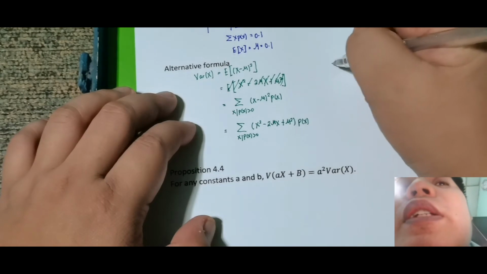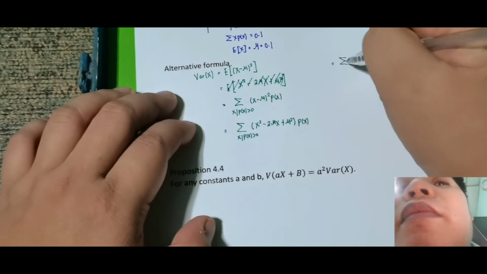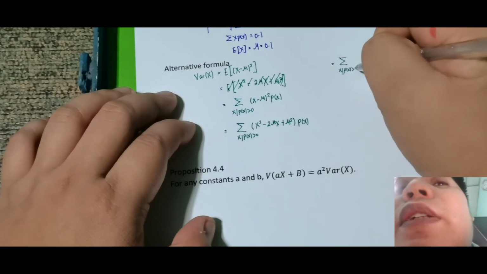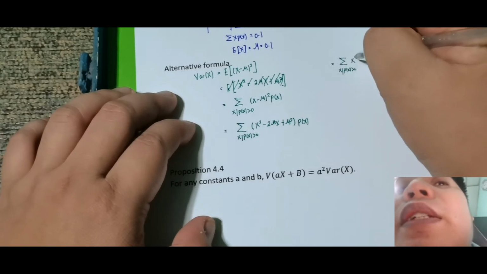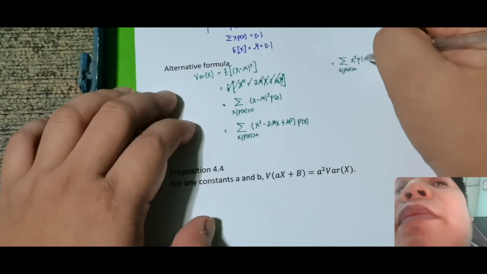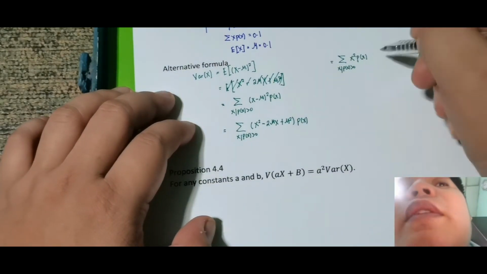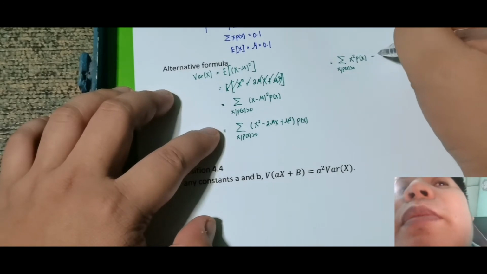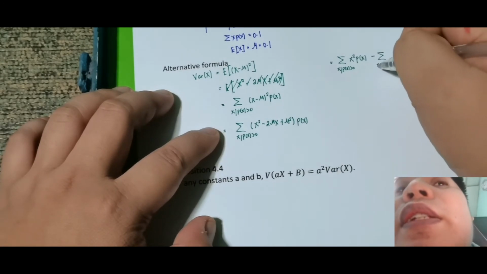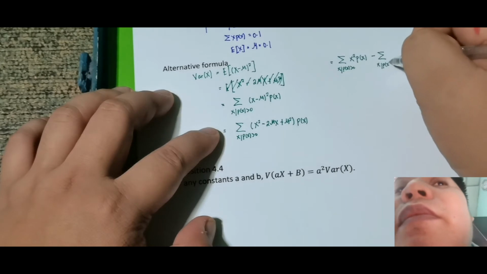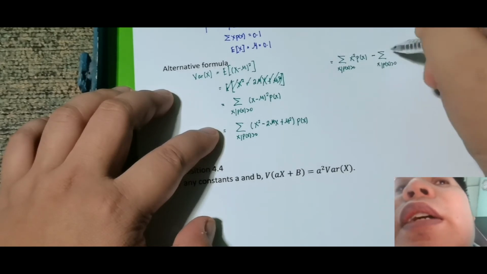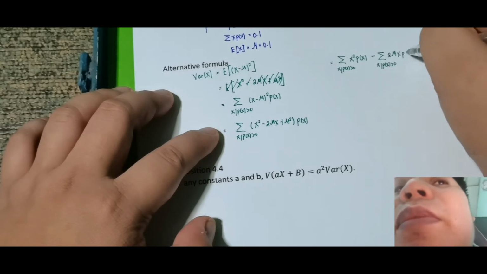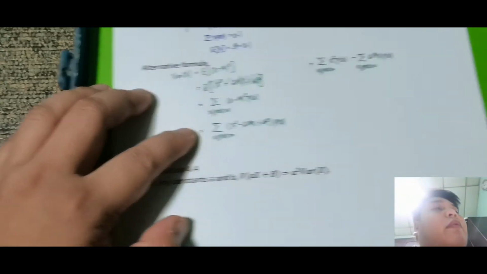So, this is just equal to the summation x such that p of x is greater than 0. At first, we have x squared p of x. Okay, then minus, this is just the summation of x such that p of x is greater than 0 of 2 mu x times p of x.